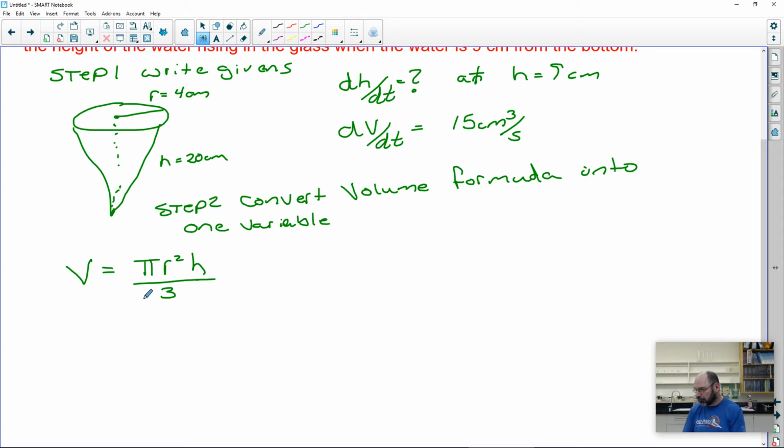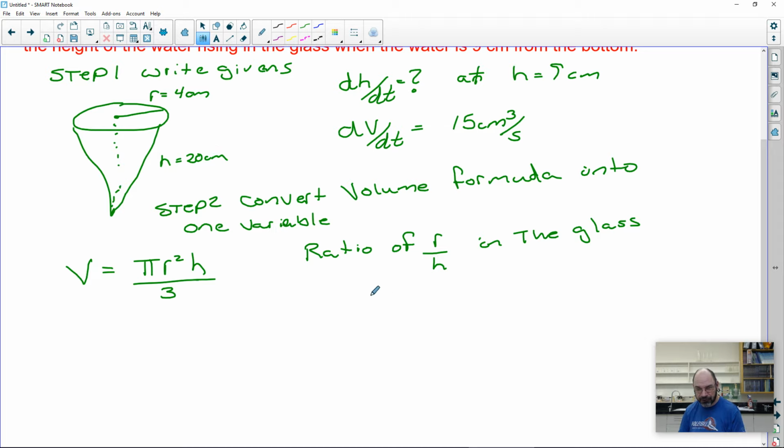And the ratio of R to H in the glass. Okay, so we want to get the ratio of R to H in the glass. So that's fairly easy to do. Okay, there's our two measurements.